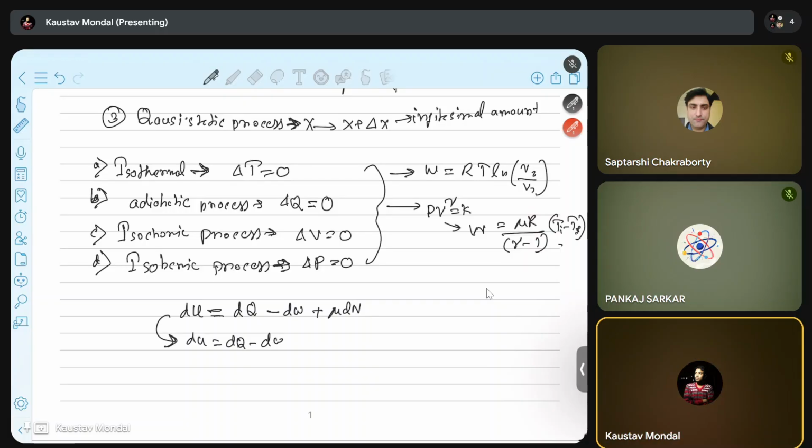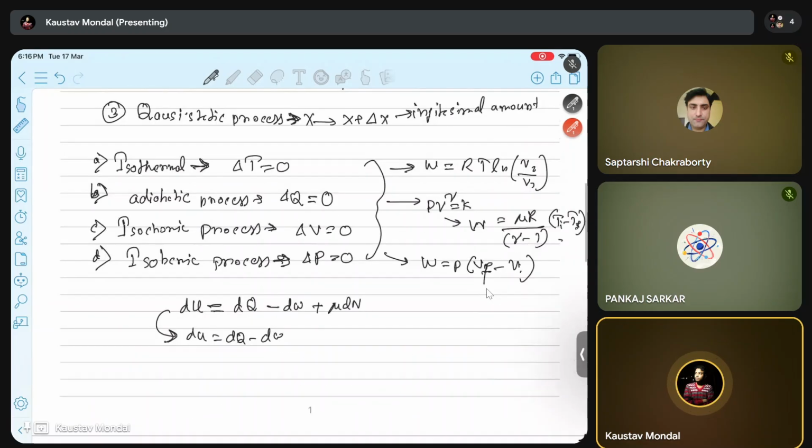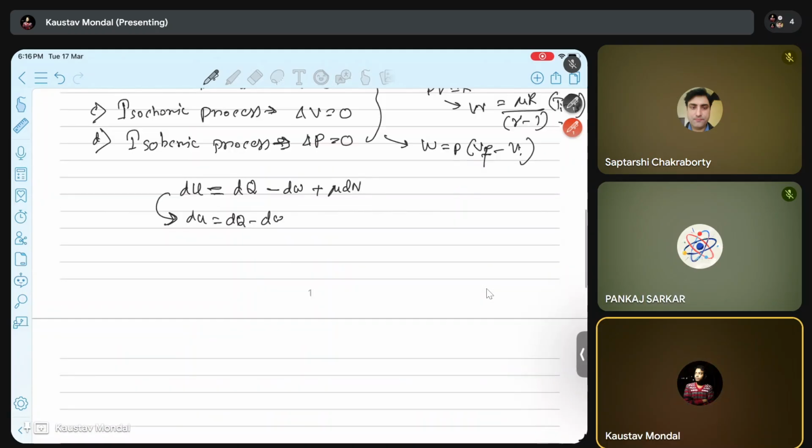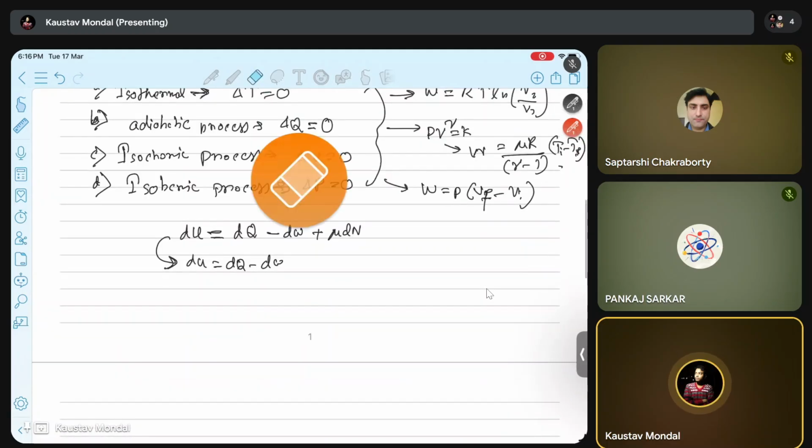Similarly, for the isochoric process you have calculated the work done, that is W equal to P into V final minus V initial. So these are the different expressions of the work done associated with different processes. And from this work done expression, you can also calculate other things, such as the heat exchange and the internal energy change.